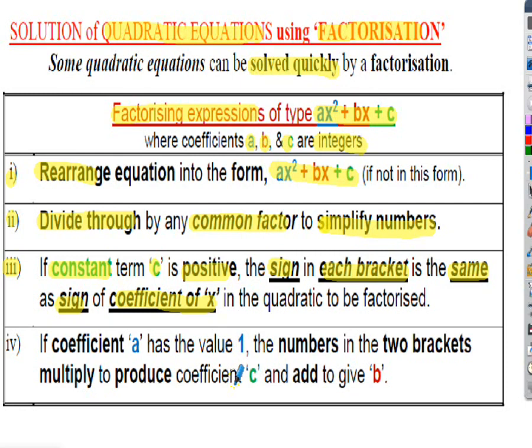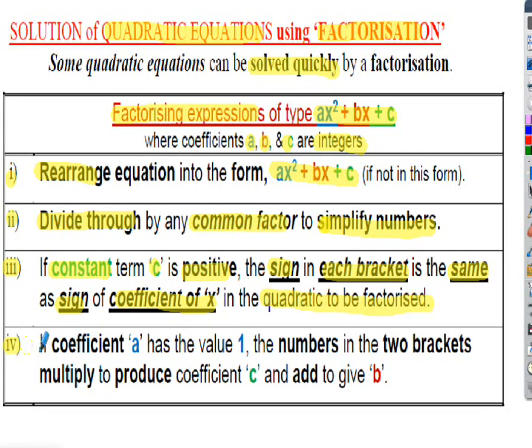So if, for example, our constant c was positive 6, then it means the sign in the brackets will both be the same, but they'll be dependent on the sign of constant b. So if constant b was negative 3, for example, then they would both be negative signs in the brackets. We'll try and highlight that in the questions we will look at when we're factorizing quadratics.